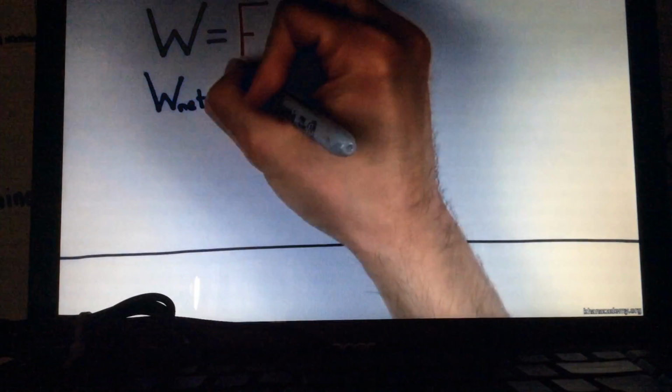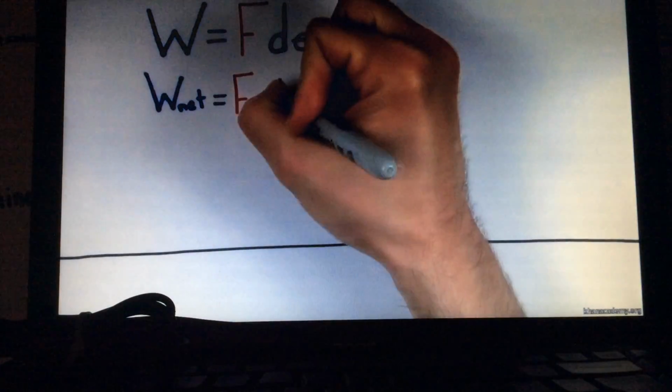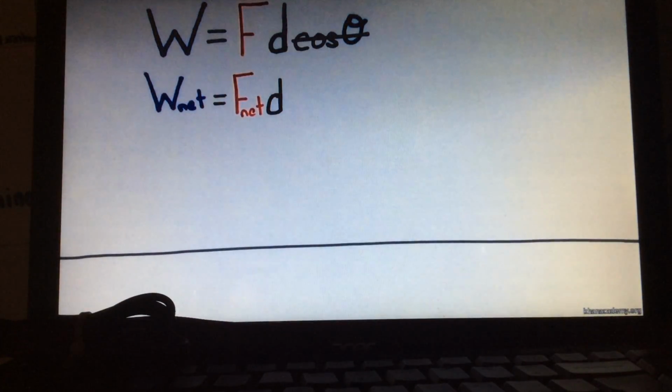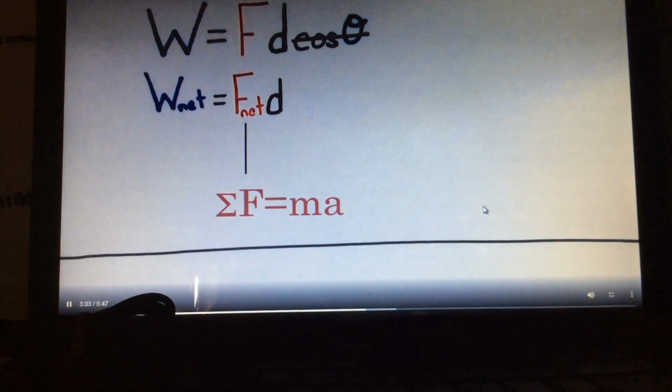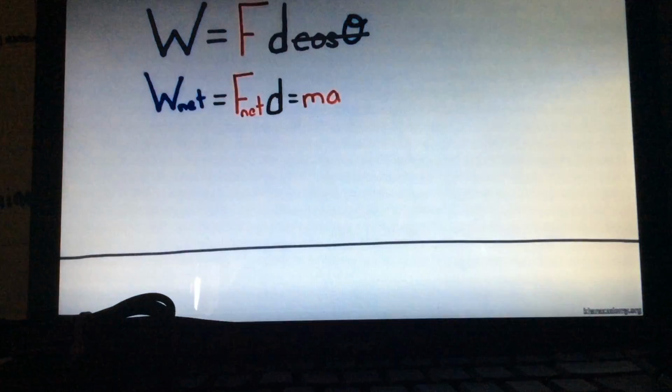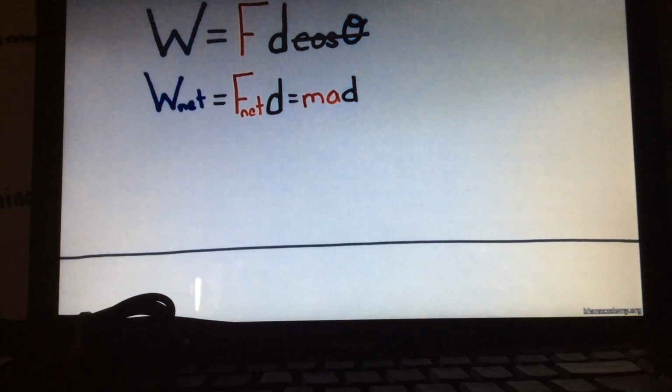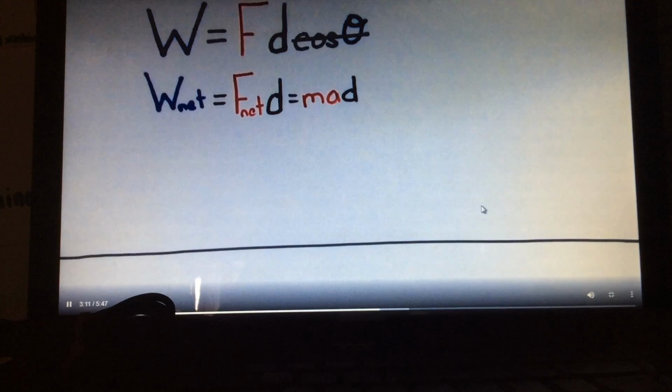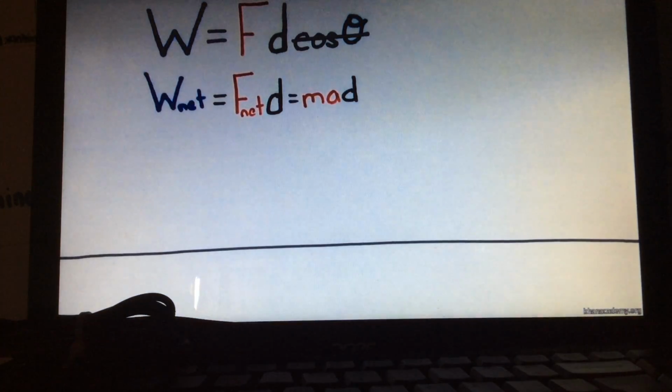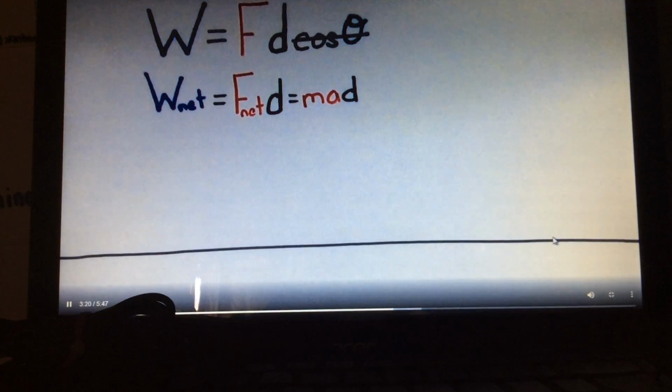Since we're talking about the net work done on an object, I'm going to replace F with the net force on that object. Now, we know that the net force is always equal to the mass times the acceleration. So we can replace F net with m times a. So we find that the net work is equal to the mass times the acceleration times the displacement. I want to write this equation in terms of the velocities and not the acceleration times the displacement.